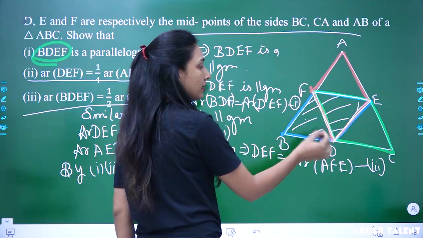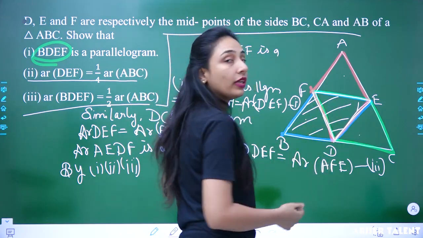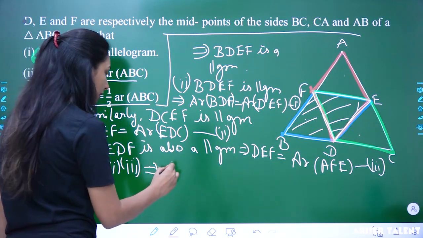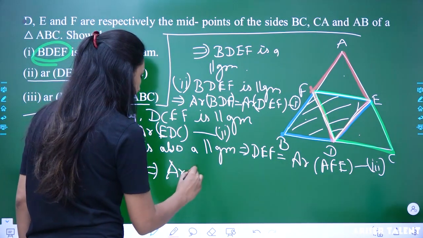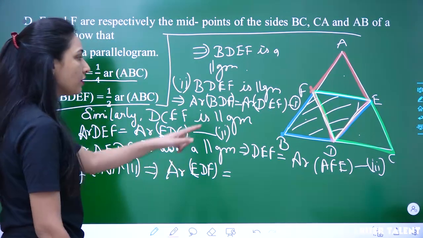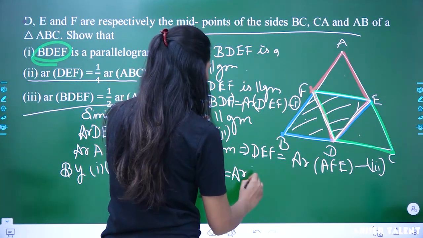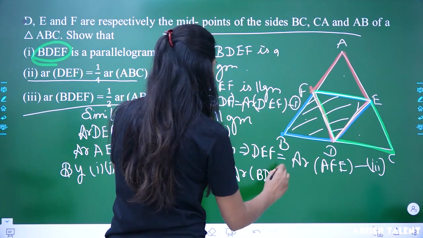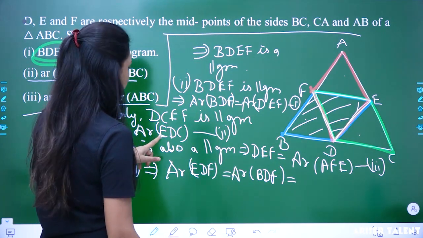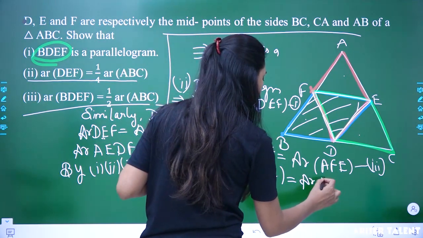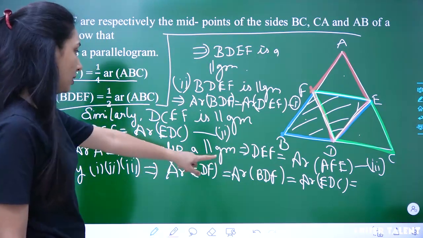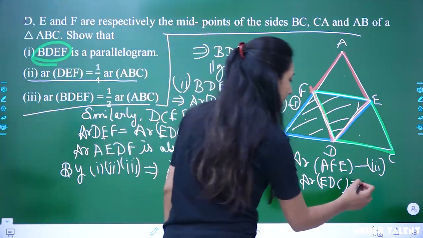this area is equal to this area, and this area. That means these four areas are equal to each other. Okay, so I can say that area triangle EDF is equal to, from the first equation, BDF, which is equal to here EDC, which is then equal to here AFE.